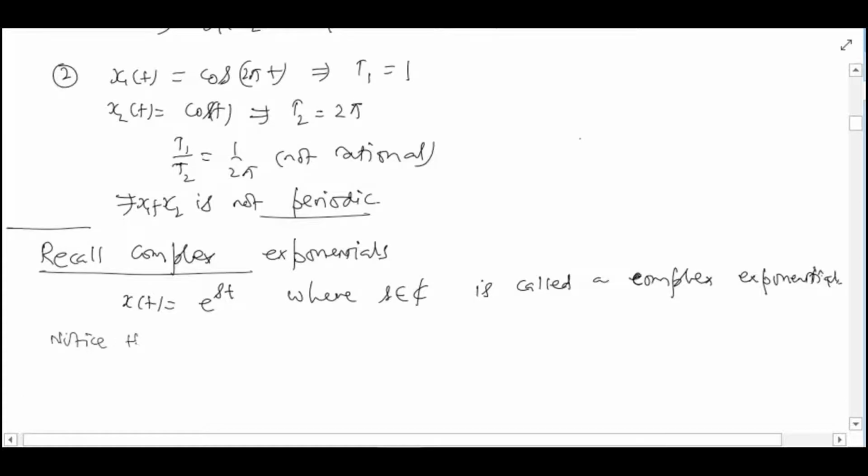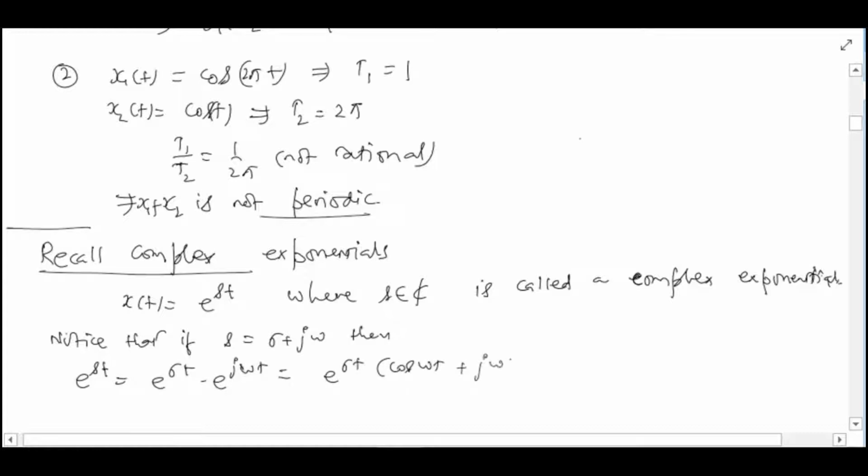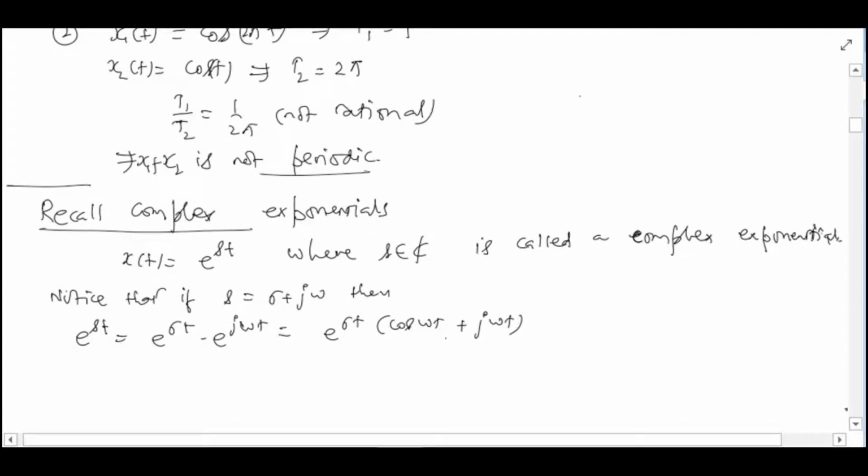Notice that if s, the complex number, is σ + jω, then e^(st) is e^(σt) times e^(jωt), which in turn is e^(σt) times (cos ωt + j sin ωt). Here the sine and cos functions constitute the periodic part, whereas e^(σt) is the envelope of the complex exponential.